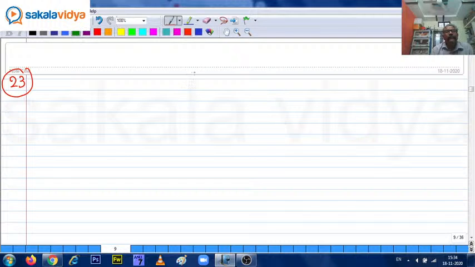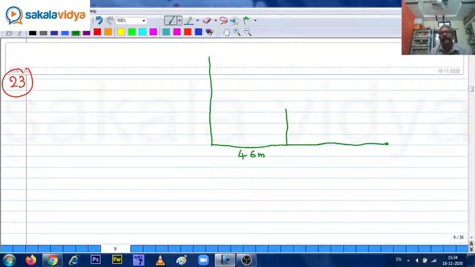For example, this is the lamp post. A girl is at a distance of 4.6 meters. She is standing like this. So this is the length of her shadow. You join like this.